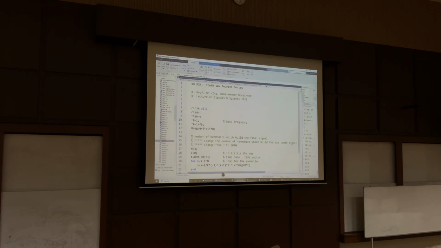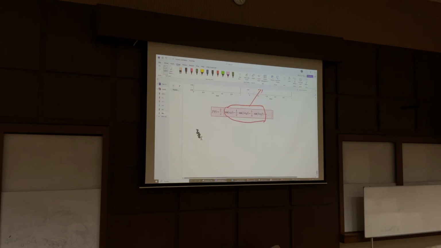And now I'm going to 30 frequencies, to show you what that means. And now you see that looks much better already. So I have overlaid now 30 frequencies.